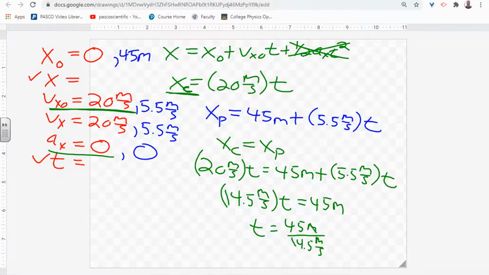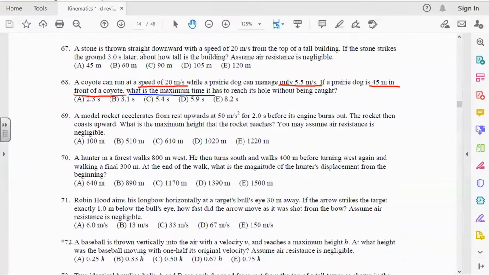So meters are going to cancel out, leaving me with 1 over 1 over seconds, which is a unit of seconds. And 45 divided by 14.5, that one I can't do in my head. We end up with prairie dog's got about 3.1 seconds to reach its nest. So 3.1 seconds, my answer choice is B.